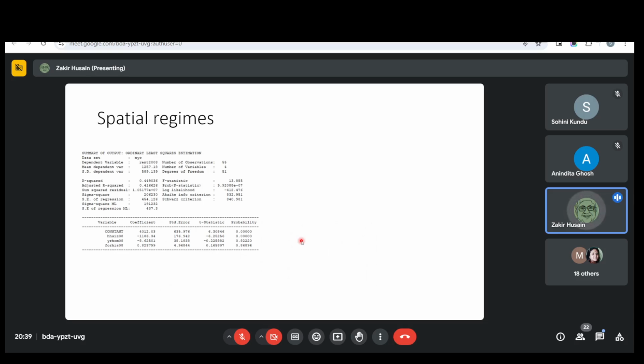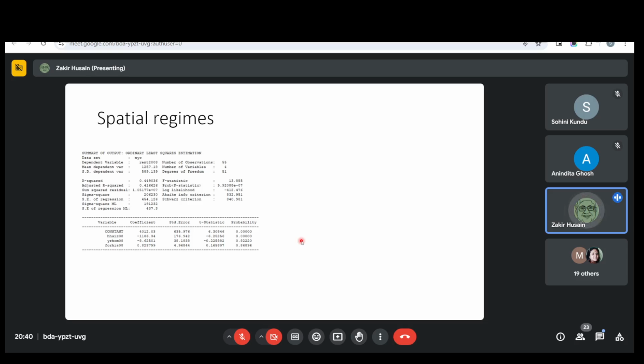So this is an OLS, and this is New York City, where we are regressing rent on household size, the proportion of Hispanic population, and the average age of the neighborhood.